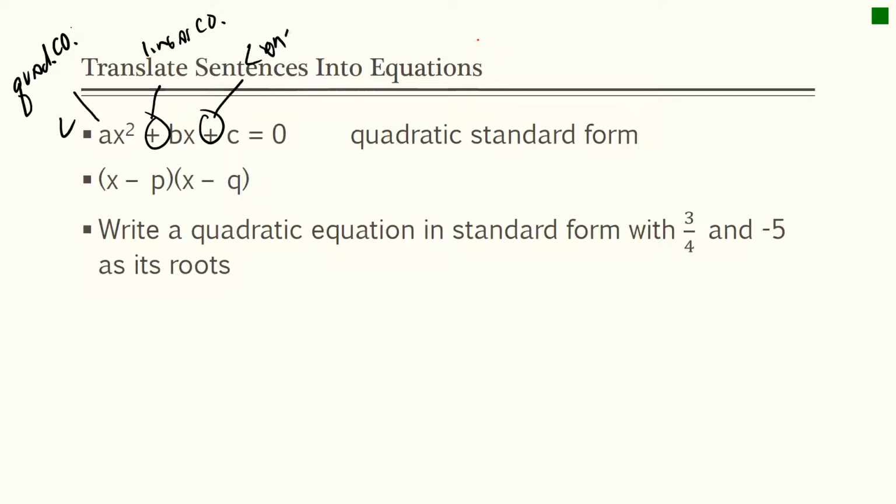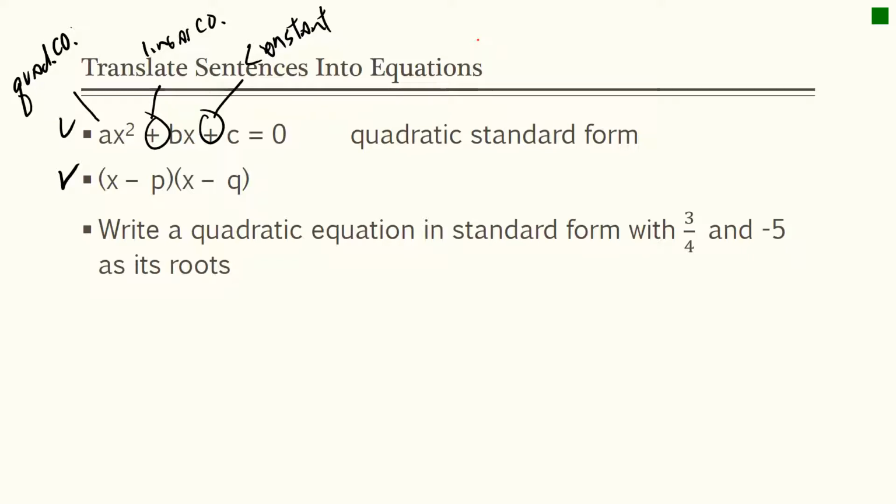Now, if we are given the roots of a quadratic equation, we can take those roots and put that into this form, x minus p, with p being one of the roots, and x minus q, with q being a second root.